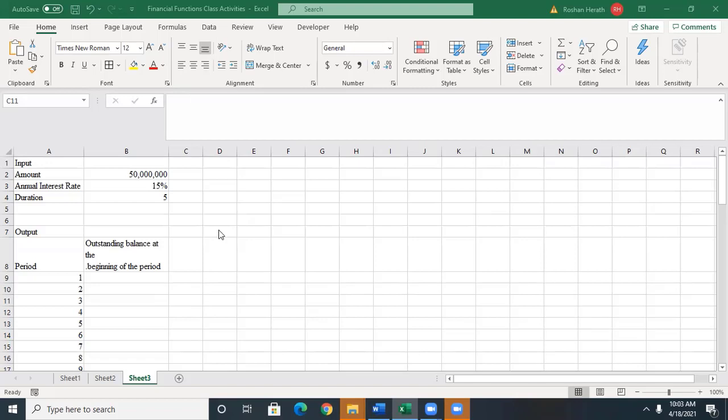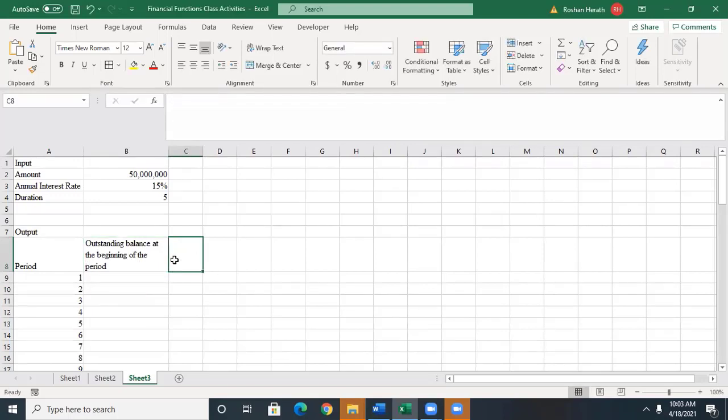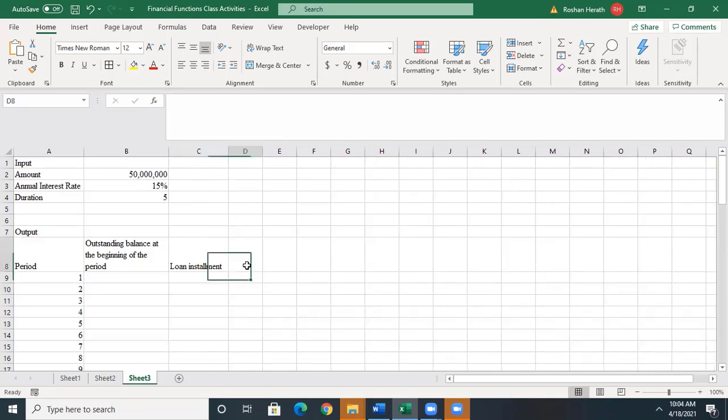Okay. So I take the outstanding balance at the beginning of the period. We have taken that. Then you need to have the loan installment. Then in that, you need to see the capital repayment.